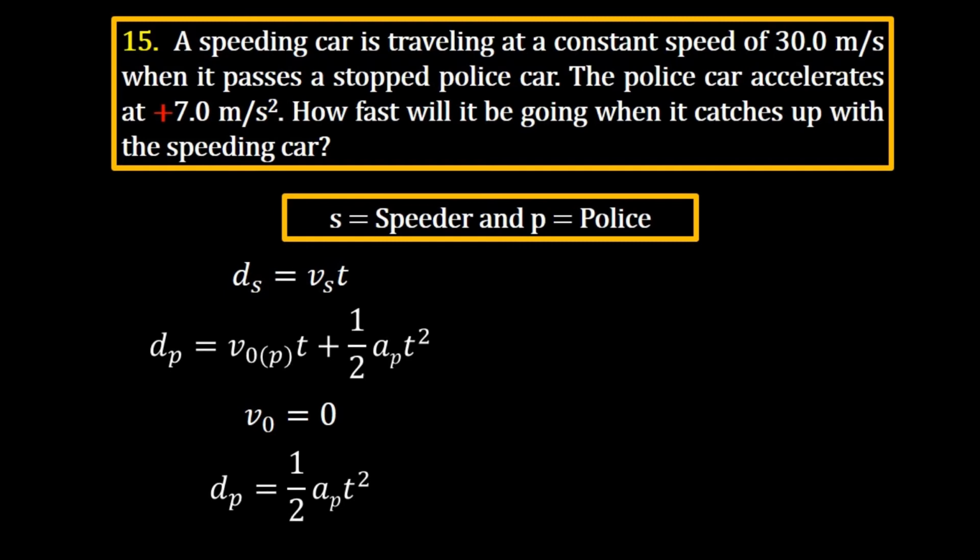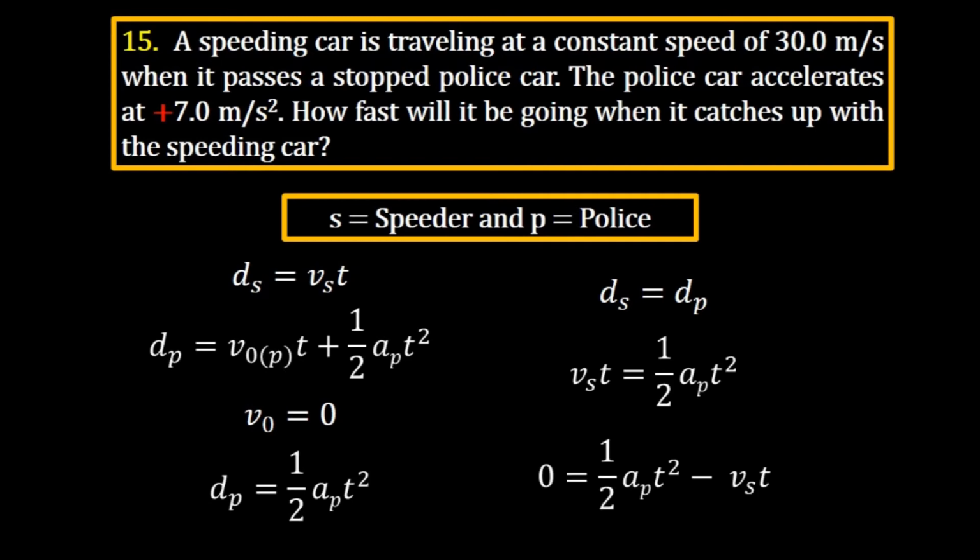Now, simultaneous equations. We know that ds equals dp, that the distances are equal. So the distance the speeder goes and the distance the policeman goes are equal. So vst equals 1/2 apt squared.